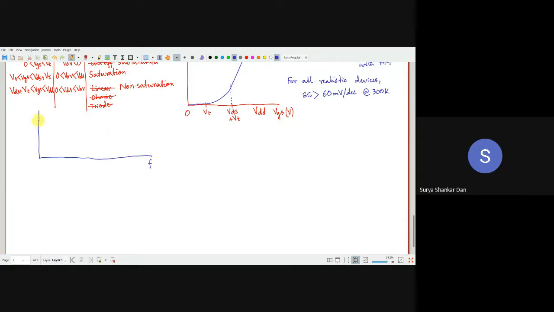And here I'll put the gain in decibels. Okay, यहां का यूनिट क्या होगा? We will say it hertz.